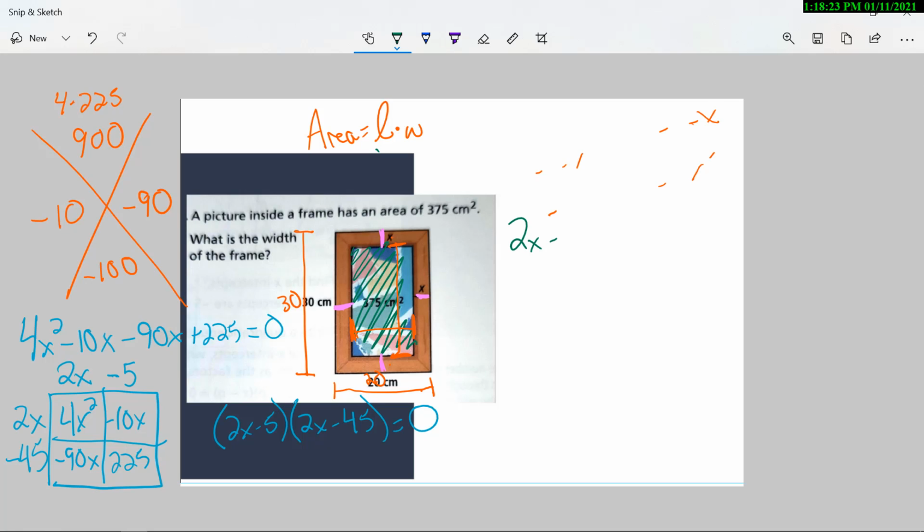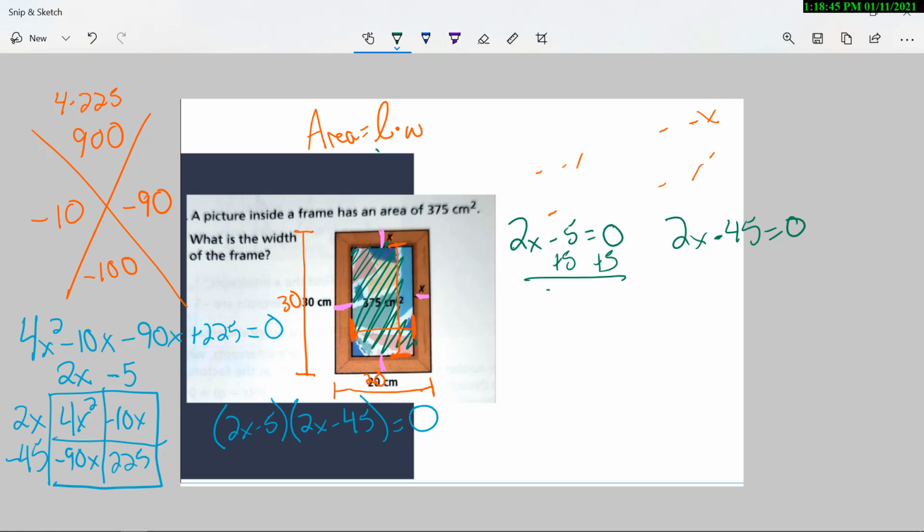So we set each of these equal to 0. Now, because the coefficients of both of these are not 1, we have 2 and 2, we're going to have fraction answers. And because both factors are negative, we're going to have positive numbers. So we're going to have positive x values that are fractions.